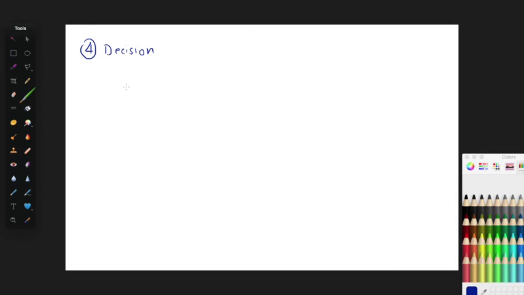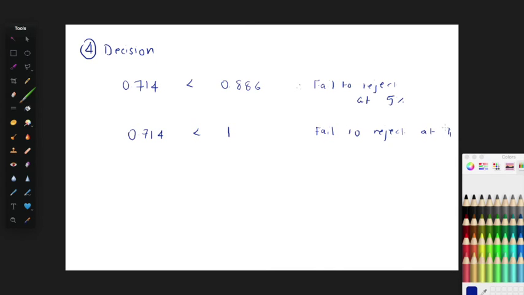The fourth step is then the decision. So we had our test statistic as 0.714, and at the 5% significance level we had 0.886, so the test statistic is less, so we're going to fail to reject at the 5%, and at the 1% we had 1, and again we're going to fail to reject at 1%.